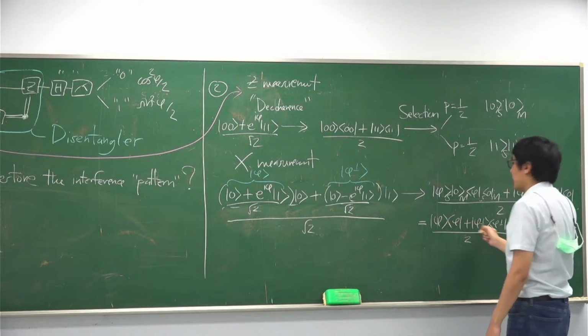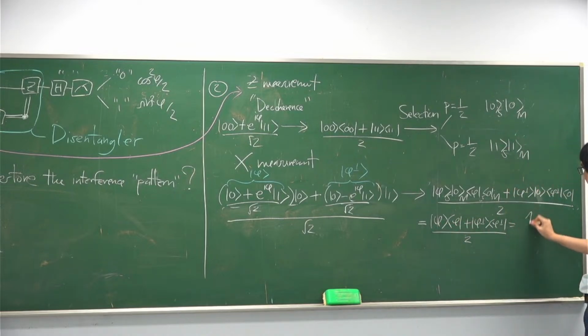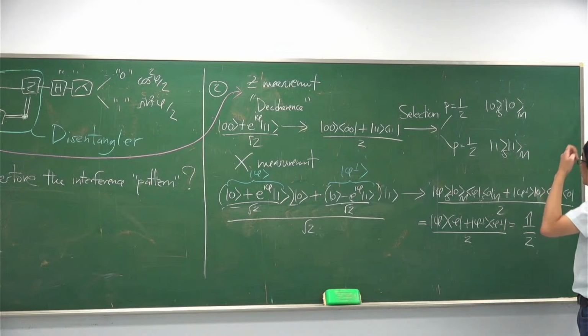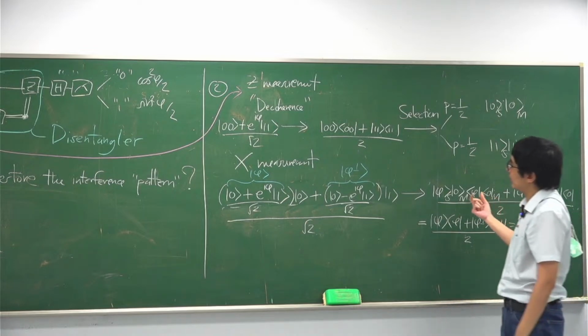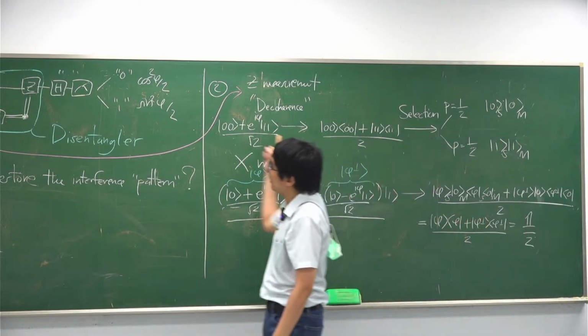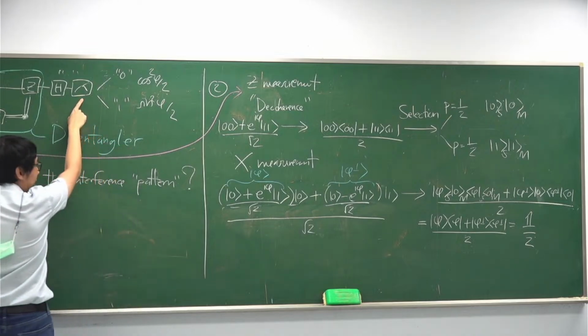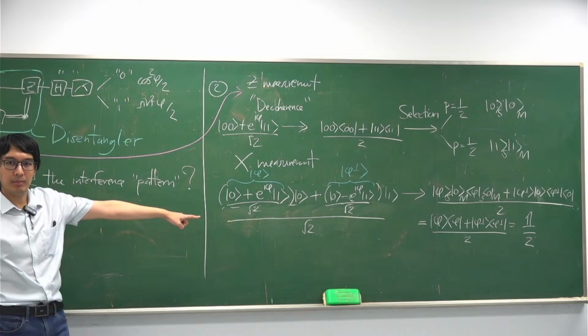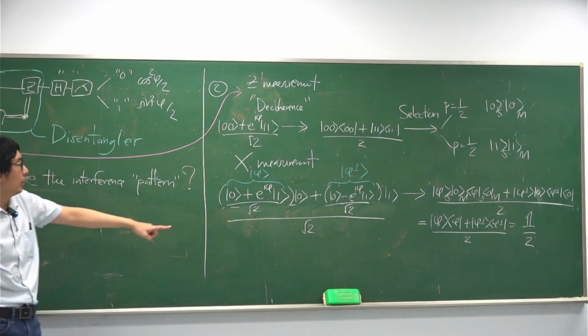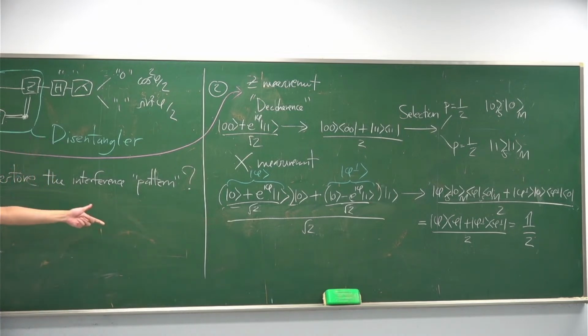And since these two are also orthogonal, this is indistinguishable from the maximally mixed state. And so indeed, if you make the measurement here without knowing any information about the measurement outcome of the second qubit, you will see no interference.